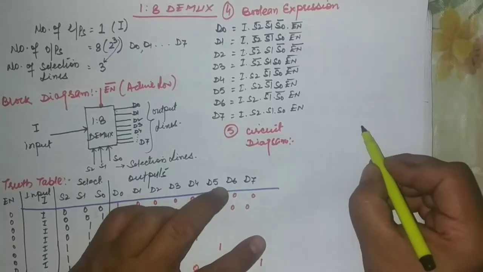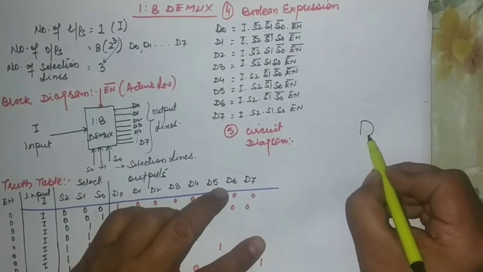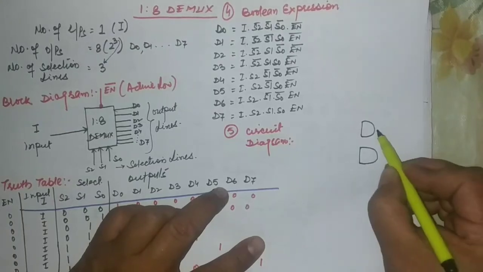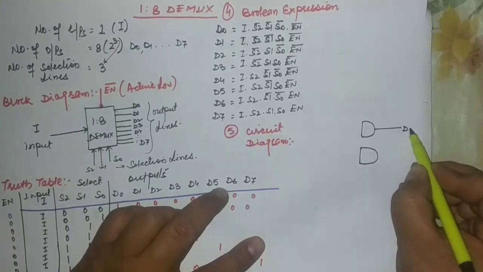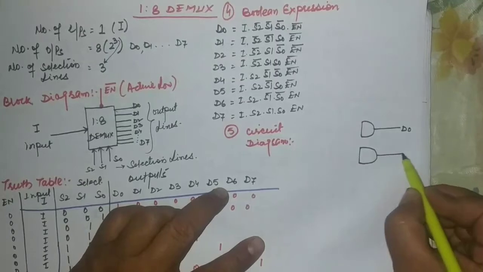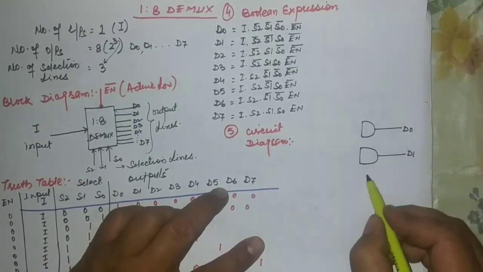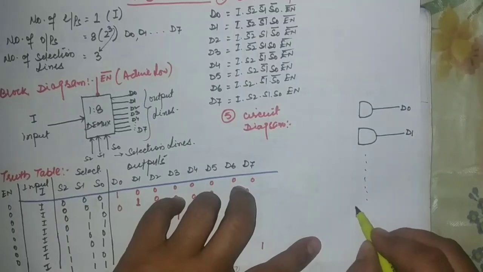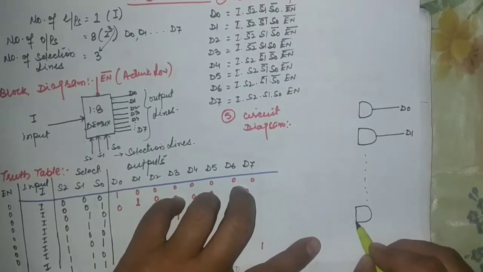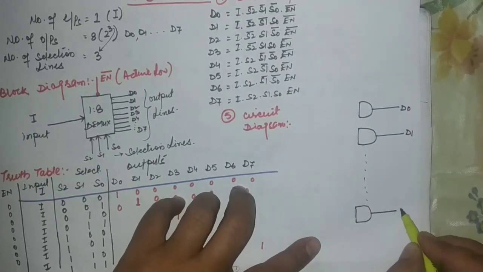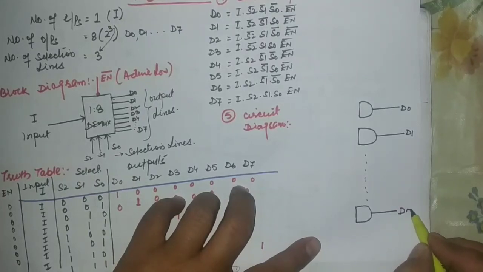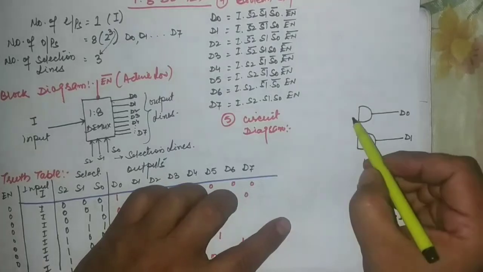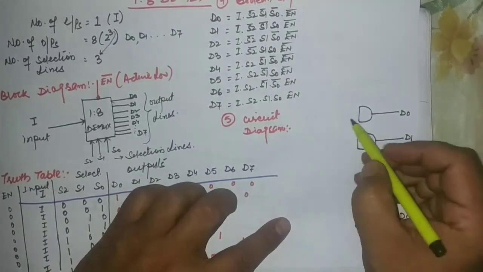Say for example, this is first and this is second, means this is for D node. This is, say for example, D1. You can draw for all, but because in previous lectures I have shown you how to draw the circuit diagram, we will now write for only these 3 AND gates.